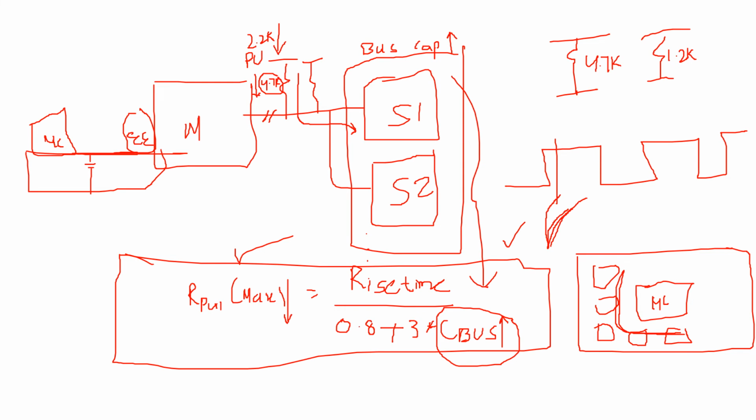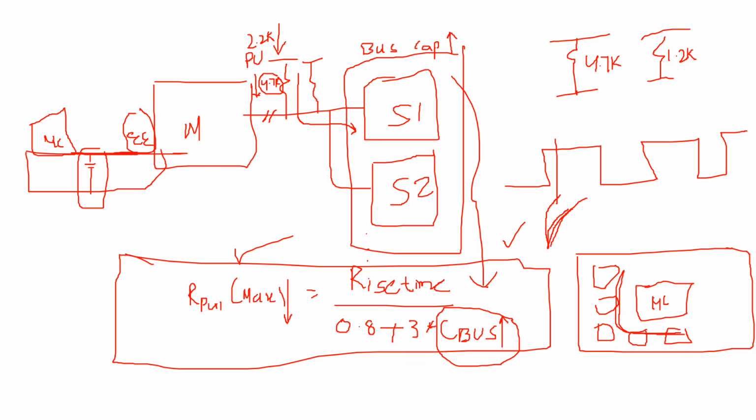This amount of capacitance depends on the length of the trace. So the longer the bus you have, the higher the capacitance, and the fewer the devices that you can connect to an I2C bus. This is a straightforward relation, and you either need to determine it through some simulation or use a standard means.